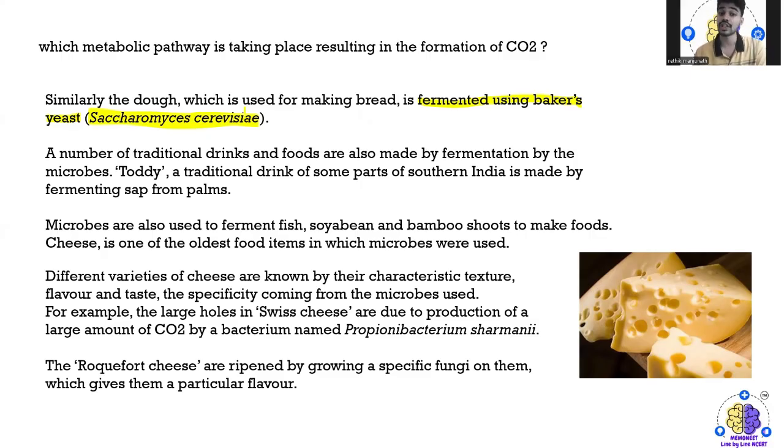Then numerous traditional drinks and foods are also made by fermentation with the help of microorganisms. Say toddy, a traditional drink in some parts of South India, is made by fermenting sap from the palm tree. They are also used to ferment fish, soya beans, and bamboo shoots to make food.